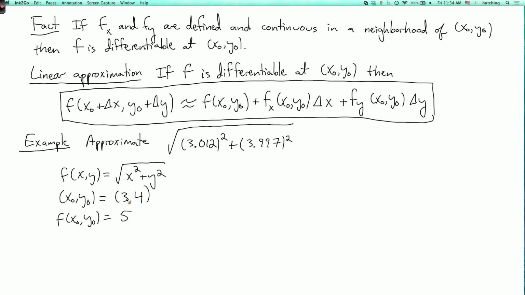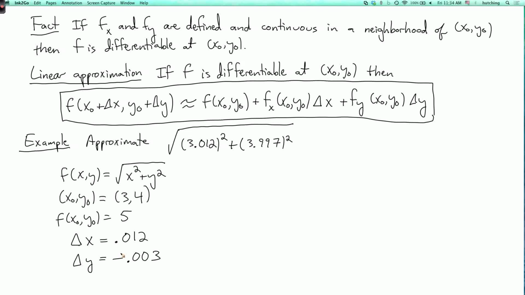Now, we actually want to calculate f of 3.012, 3.997. So here delta x equals 0.012, and delta y equals minus 0.003. Important to not forget the minus sign.